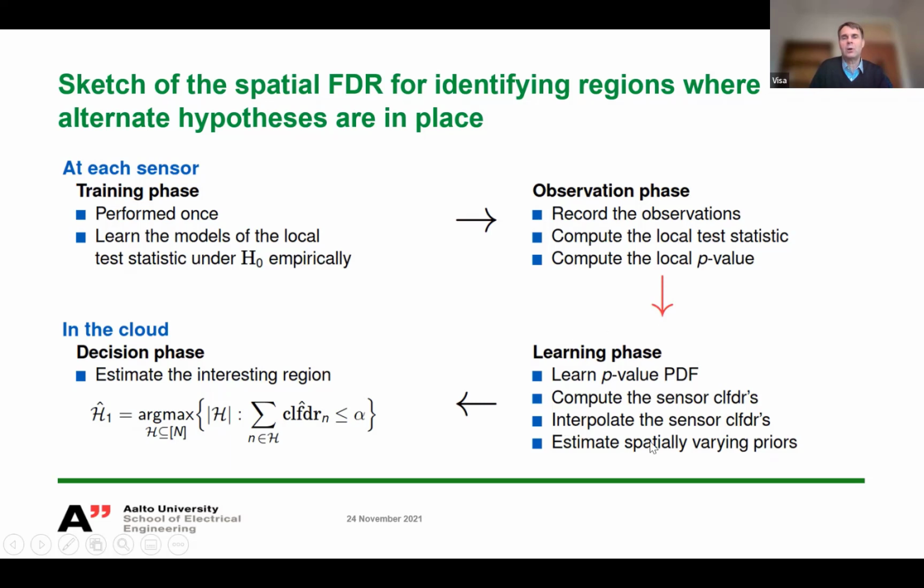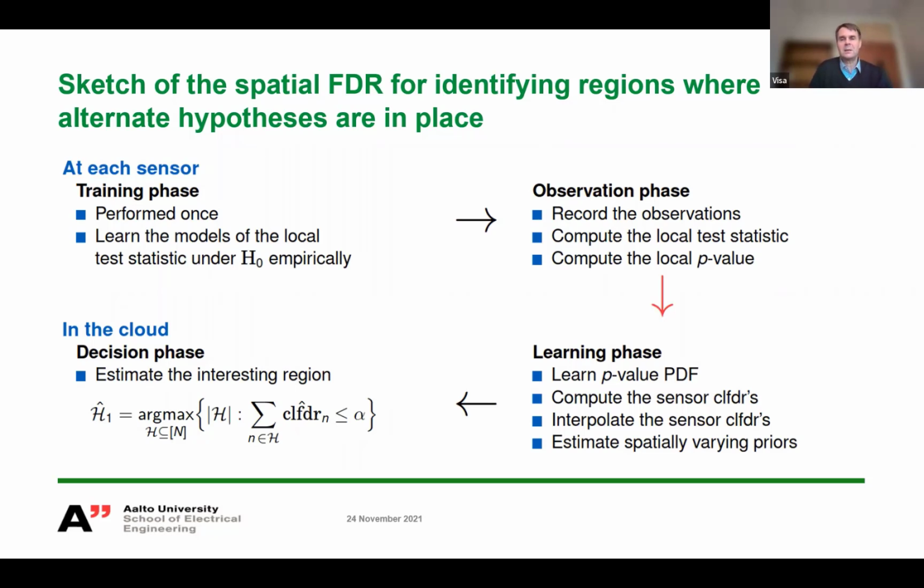And then the actual learning, where you learn these p-value distributions. We are basically using this type of mixture distribution where you have a uniform component and then multiple of these beta components to capture the small p-values associated with the alternative hypothesis very accurately.